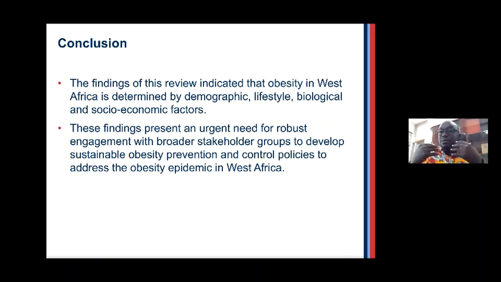Because the literature, even though it mentions that there's a need to use stakeholder engagement in most research, we found that there was a paucity of it in contemporary research, especially research on obesity in West Africa.